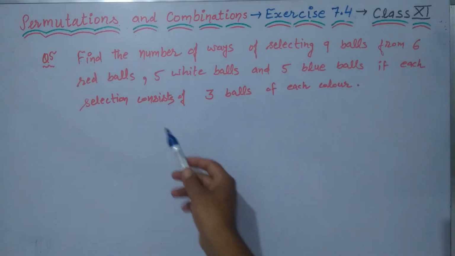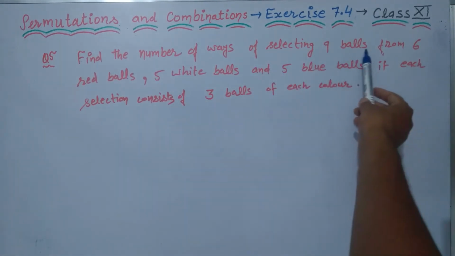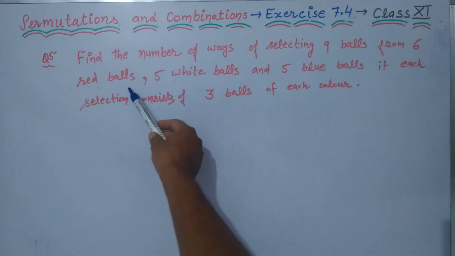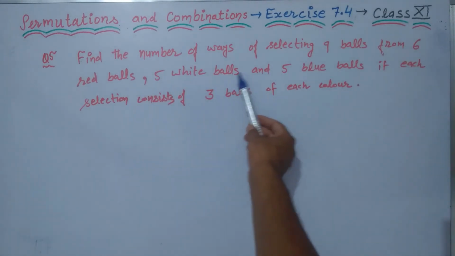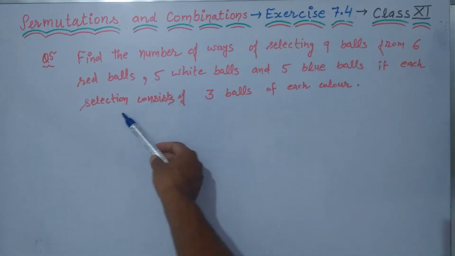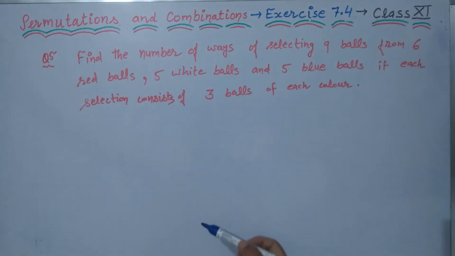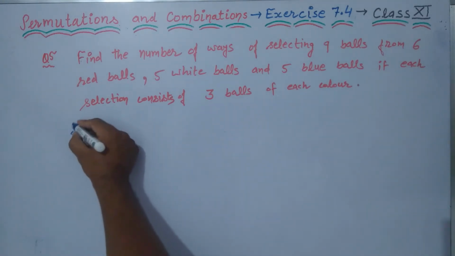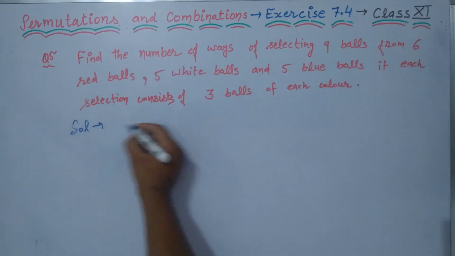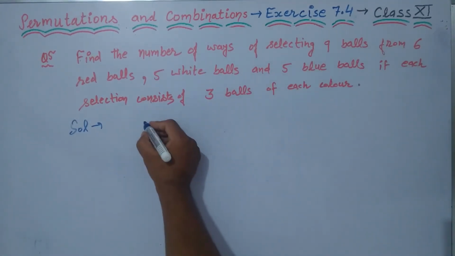Question number 5 is find the number of ways of selecting 9 balls from 6 red balls, 5 white balls, and 5 blue balls if each selection consists of 3 balls of each color. So here, how many red balls are?